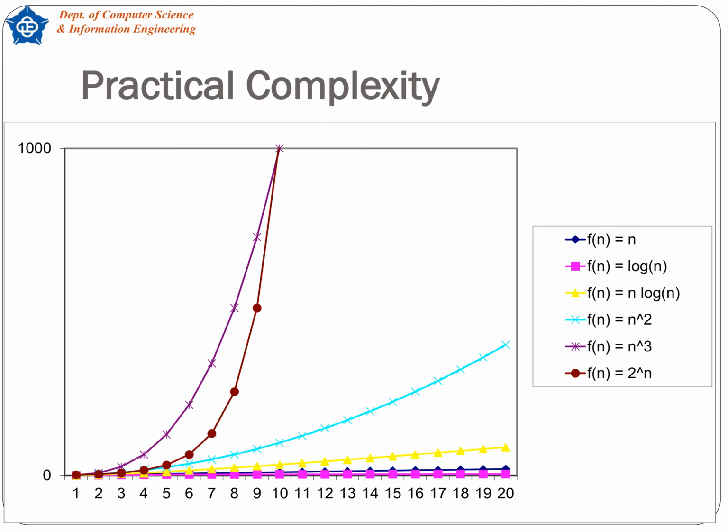A dark blue diamond for f(n) equals n, a pink square for f(n) equals log n, a yellow triangle for f(n) equals n log n, a light blue X for n squared, a purple star for n cubed, and a red circle for 2 to the power of n. Notice how the logarithm curve barely moves above 0, while the linear line climbs steadily.